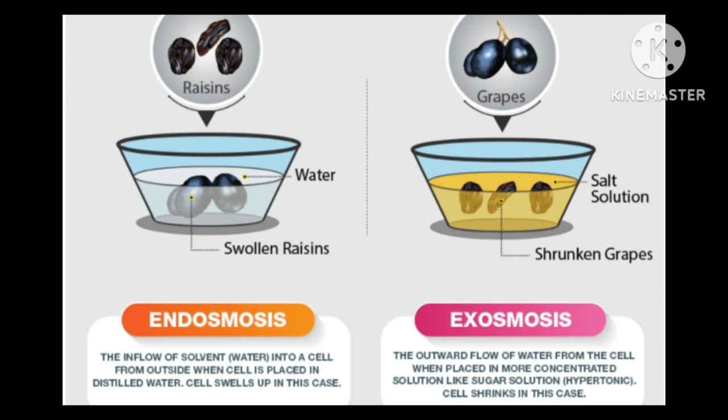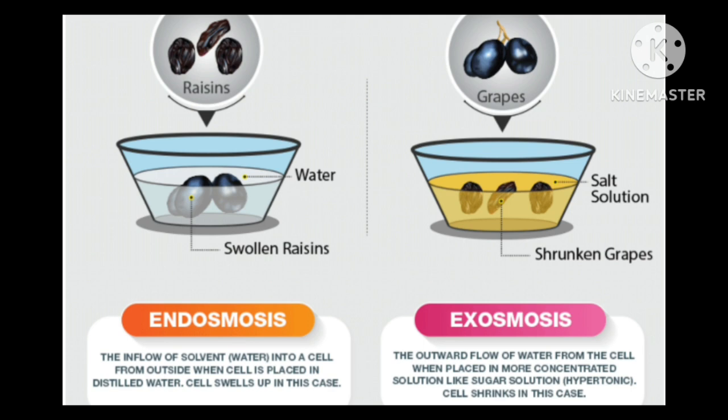This experiment explains that osmosis is of two types. One is endosmosis, another is exosmosis. In case of raisins, inflow of water or solvent occurs from the outside, which is a dilute solution, into the cell, which is a solution of higher concentration. This phenomenon is known as endosmosis.